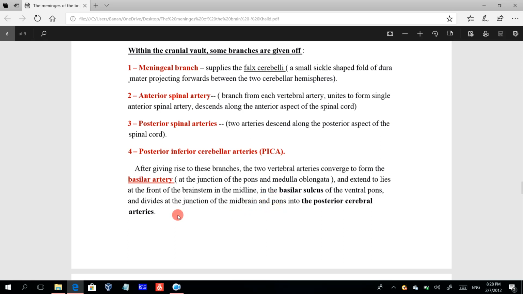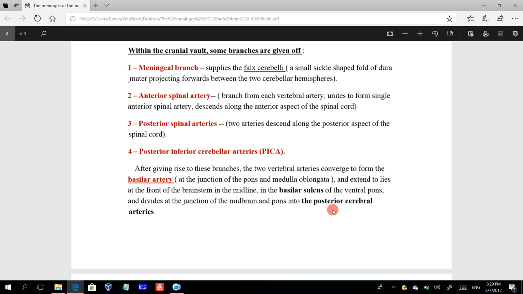It gives many branches, but its two terminal branches, given at the junction between the pons and the midbrain, are the posterior cerebral arteries, the right and left posterior cerebral arteries, not cerebellar, cerebral arteries.